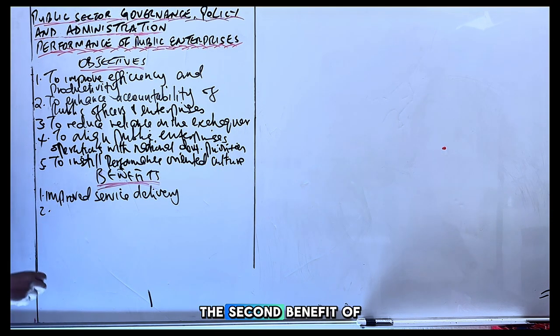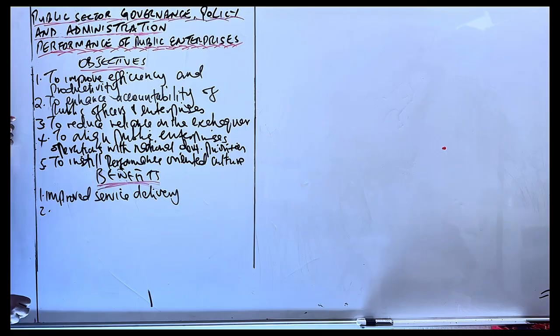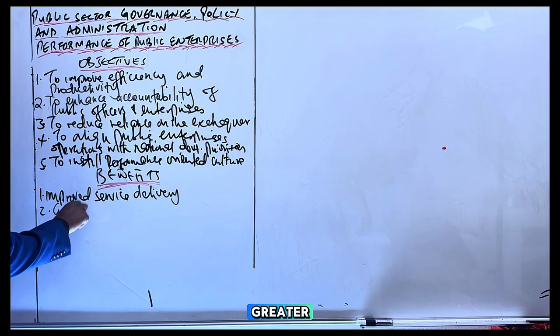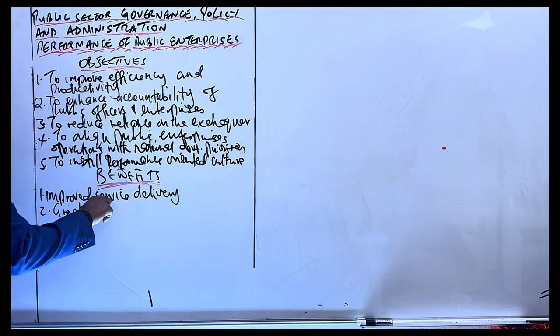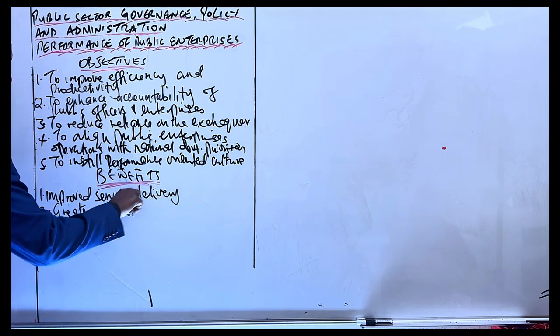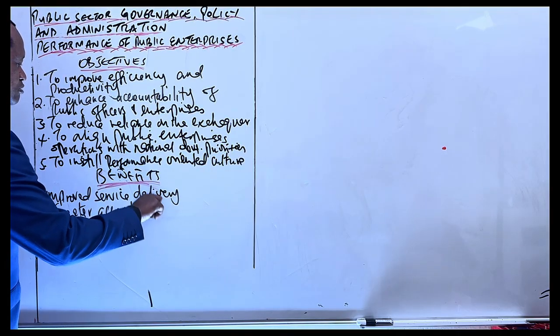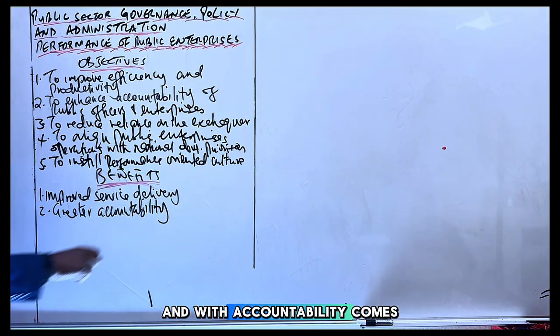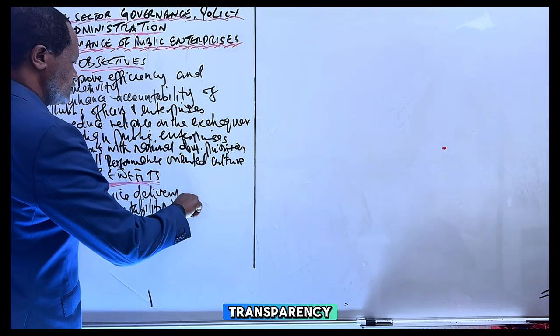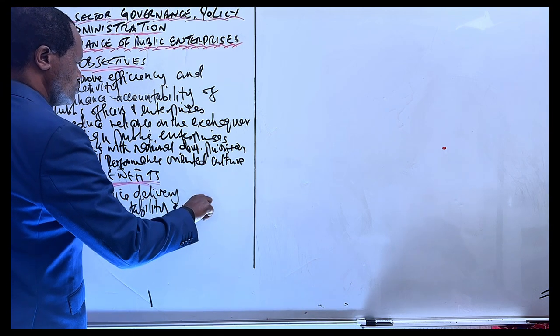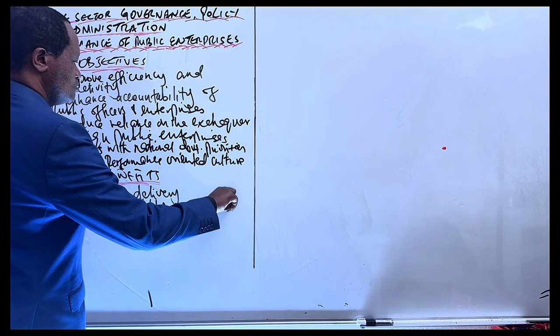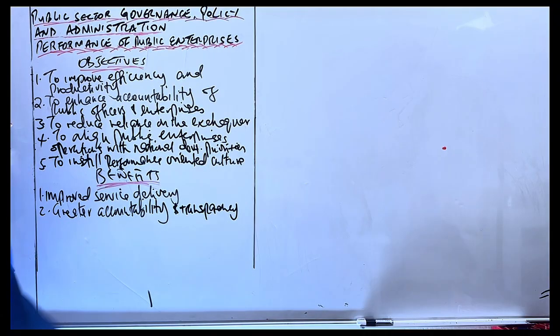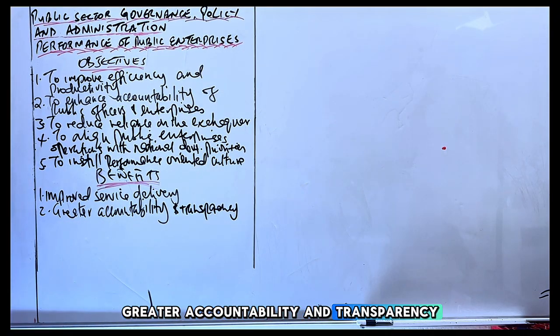The second benefit of performance contracting is that it leads to greater accountability, and with accountability comes transparency. Greater accountability and transparency.